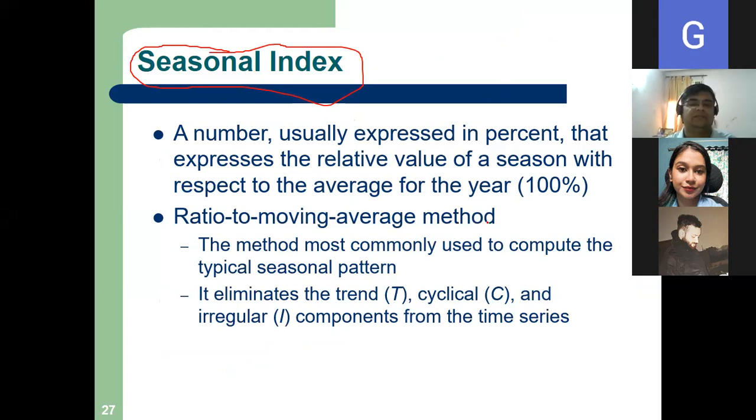Yes, anyone? Have you any idea about seasonal index? Yes, students. What is seasonal index? Any idea?